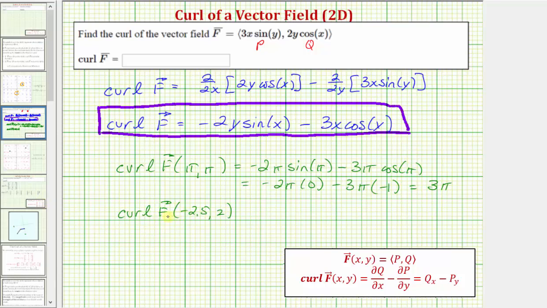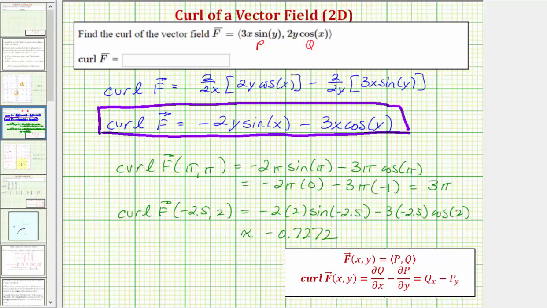And now let's find the curl of F at negative 2.5 comma 2, which is equal to negative 2 times 2 times sine negative 2.5 minus 3 times negative 2.5 times cosine 2. Now we're going to determine this value with approximately negative 0.7272. So notice at this point the curl is positive, at this point the curl is negative.